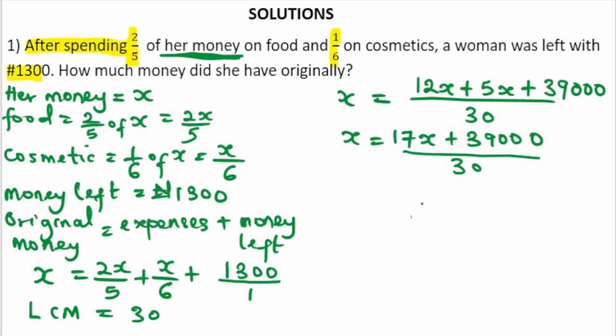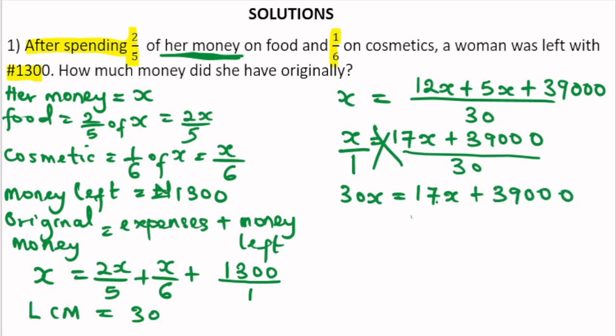So to solve this question further, we are going to cross multiply. So 30 times x gives us 30x equal to 17x plus 39,000. Now we're going to collect like terms, algebra to algebra, so we have the number standing on its own.